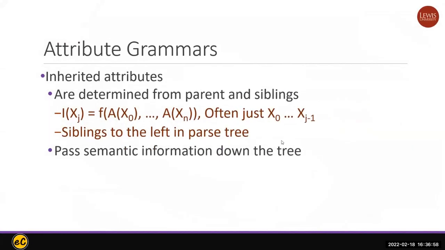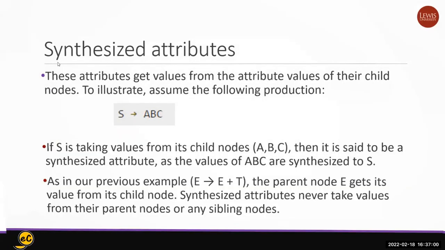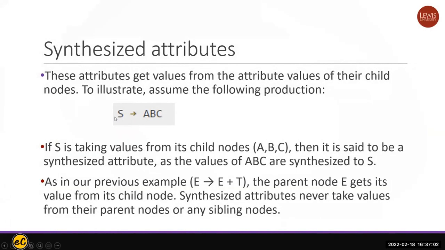So for a synthesized attribute, say your S rule produces ABC, and the values of A, B, C combined would be the value of S. We call S a synthesized attribute. S takes the value from the child nodes ABC. It is said that a synthesized attribute of the node S is synthesized from the values of ABC.